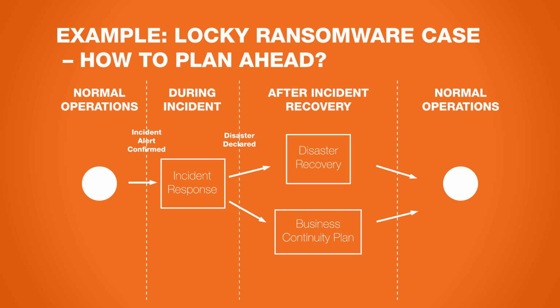During normal business operations, the SIEM or any monitoring and detection system generates an incident alert and detects the stage of a Lockheed attack path, as we discussed earlier. For example, it could be at JavaScript executed, shadow copy deleted, or encryption routine executed.